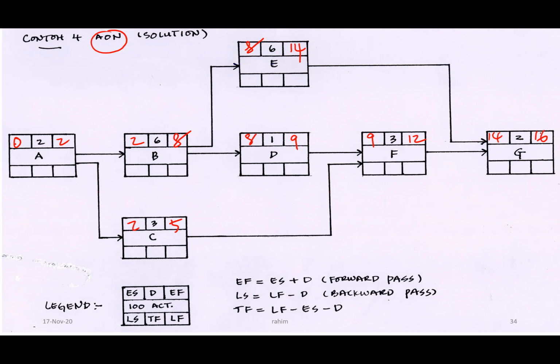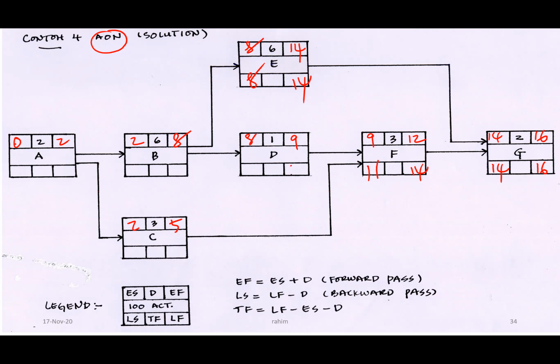Then how to fill up the box? 16. 16 minus 2 equals 14. Then 14 will be here, 14 will be here. So 14 minus 6 equals 8. 14 minus 3 for F equals 11.